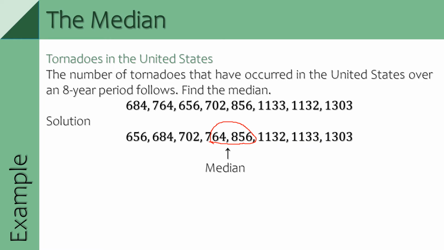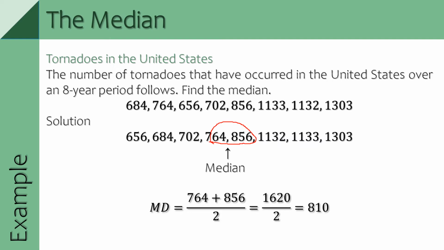In this case, we are going to get the median, or the midpoint, of those two data values. To find the median, we have 764 plus 856 all over 2, which is 1620 divided by 2, so we have 810. Therefore, the median number of tornadoes is 810.